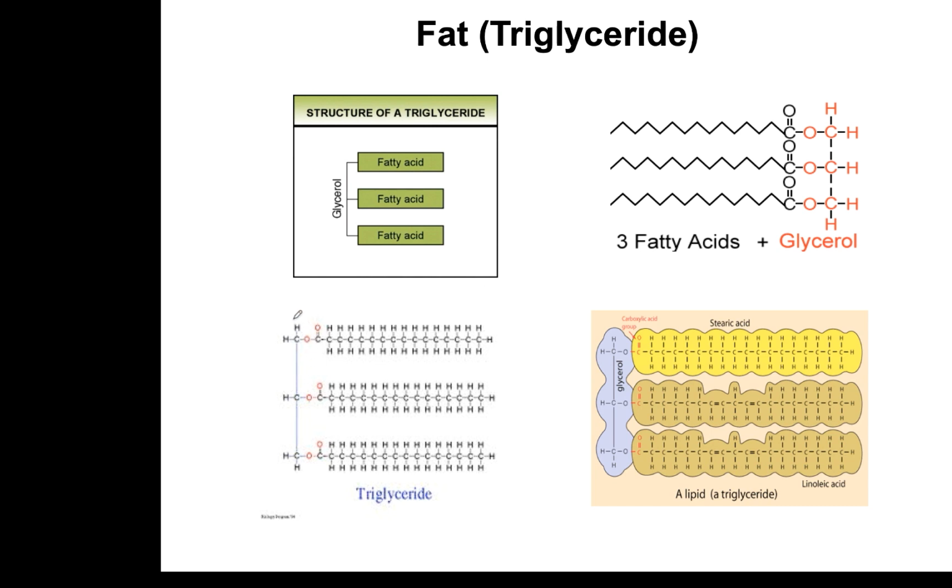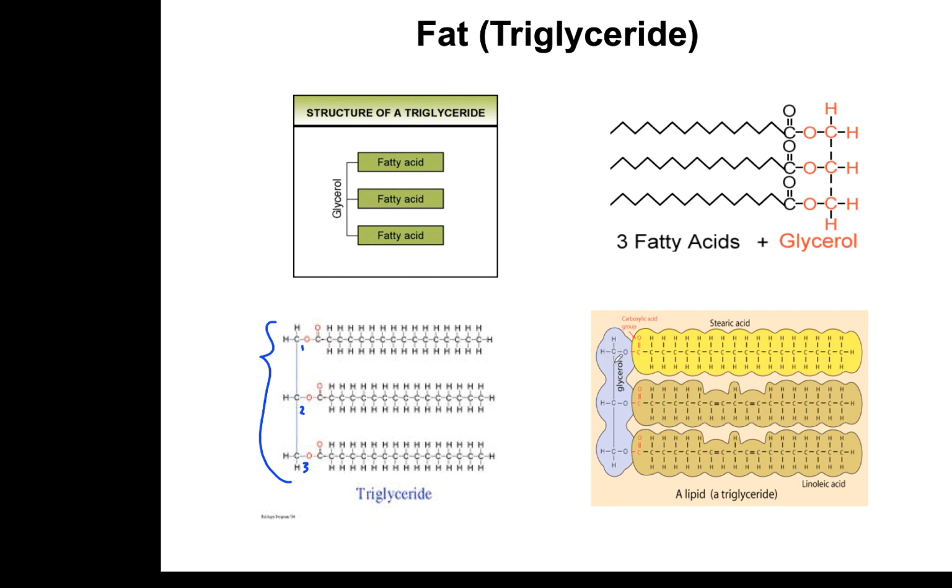The left part is the glycerol backbone. Each of the 1, 2, 3 carbons of glycerol links with a fatty acid chain. When you look at a fatty acid chain, you can see carbon and hydrogen. We call that a hydrocarbon chain. And then you can see 3 fatty acid chains.